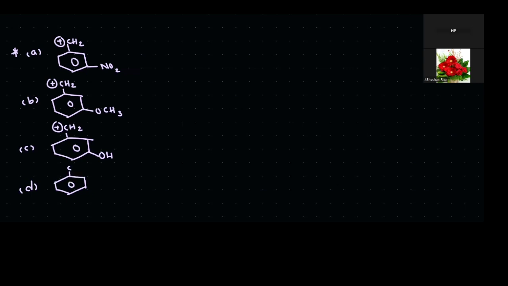Benzyl carbocation is common, here one CH3 group. Next compound E, simple CH2 plus, this one is the benzyl carbocation. Now in all these cases, which one is the most stable carbocation? How to identify it, we will discuss now.